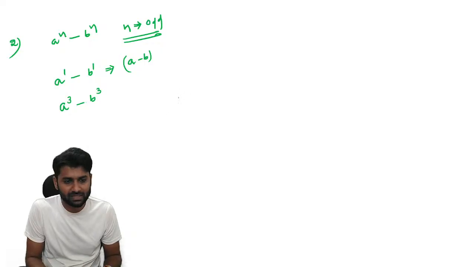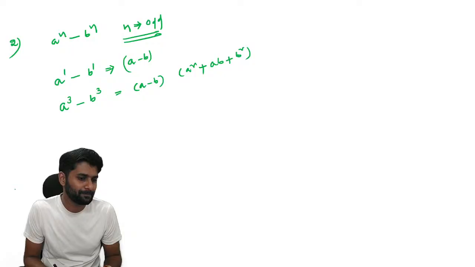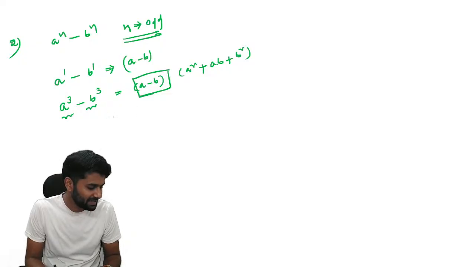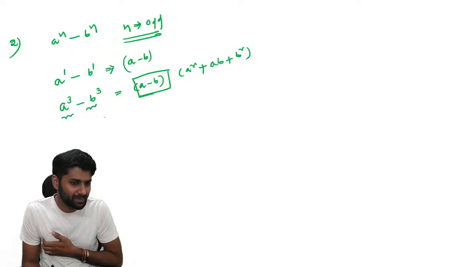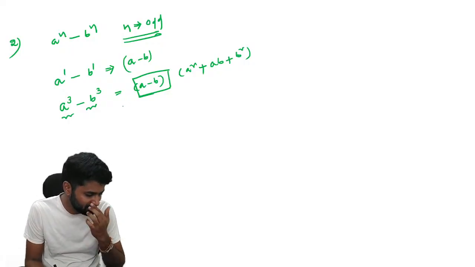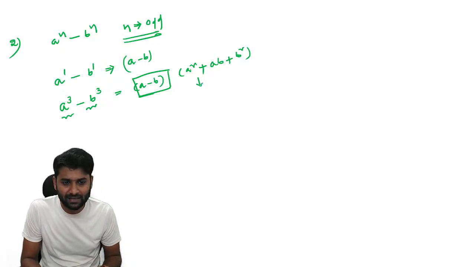What about a cube minus b cube? It's a minus b into a square plus ab plus b square. It means a cube minus b cube is always divisible by a minus b. So if a power n minus b power n, with n an odd number, it is always divisible by a minus b. Let us understand this algebraic expression.